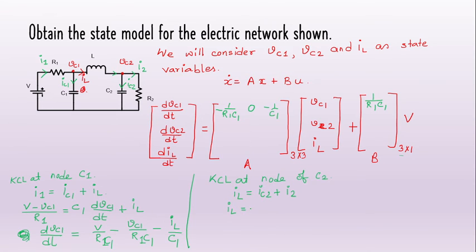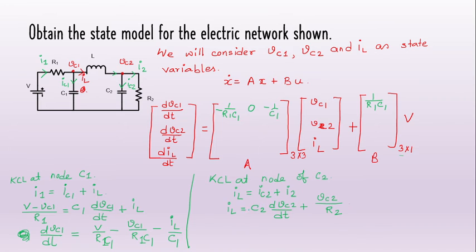IC2 is C2 dVC2 by dt. And I2 is VC2 divided by R2.